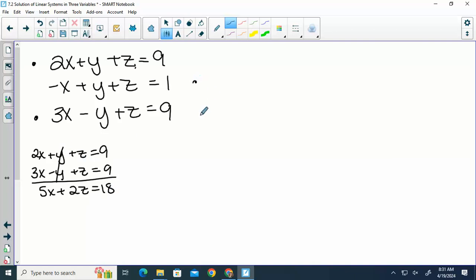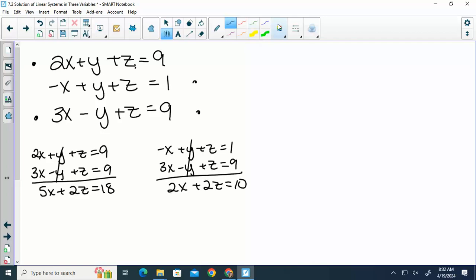Then if we add the second and third, we can cancel the y as well: 2x plus 2z equals 10.